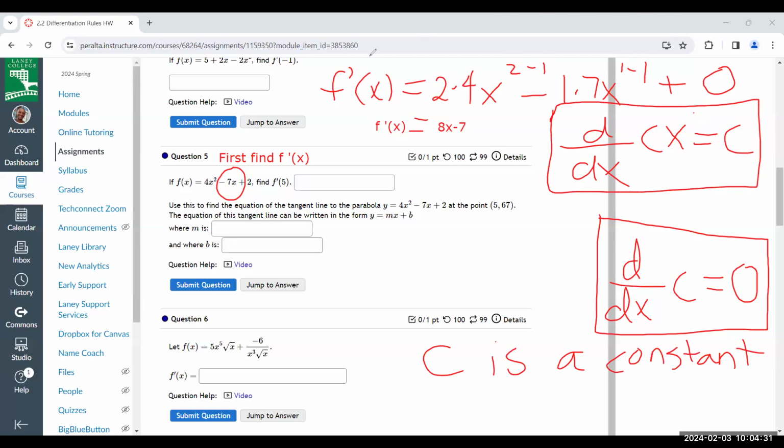Okay, so I just found out that f prime of x equals 8x minus 7, and they're asking us to find f prime of 5. So what you're going to do here, once you find your f prime of x, is plug in five for x.